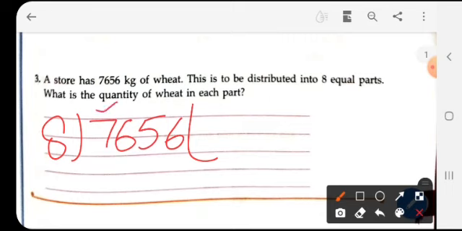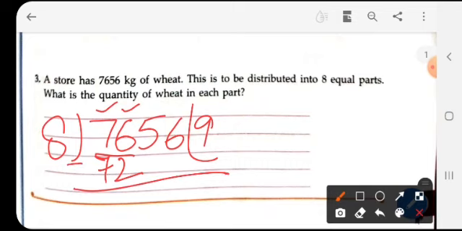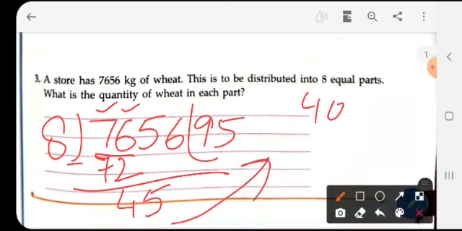So 7 is smaller, we take 76 as a single number. 8 9s are 72. Subtract it. We get 4 over here. 45. 8 5s are 40. And when we subtract it, we get 5 over here.